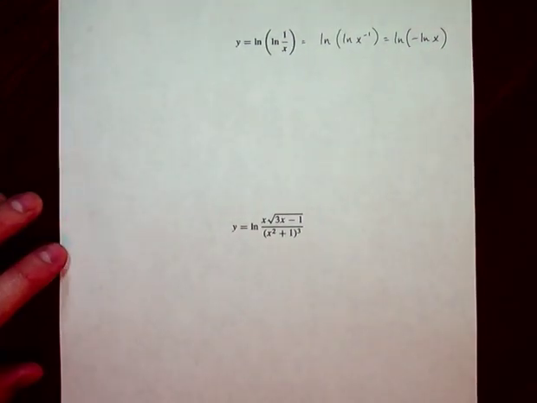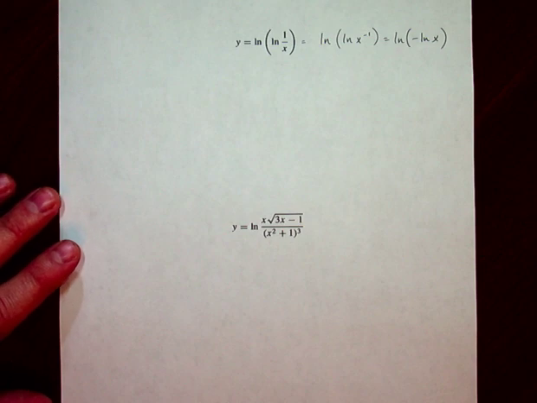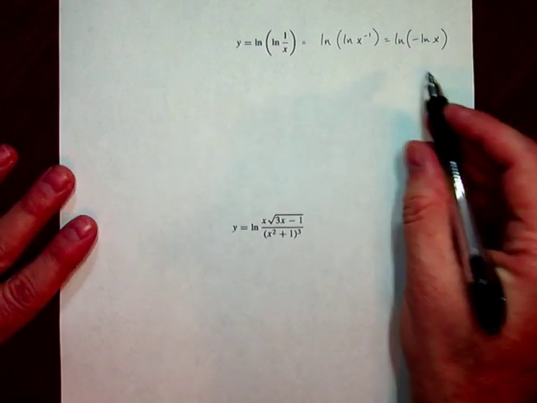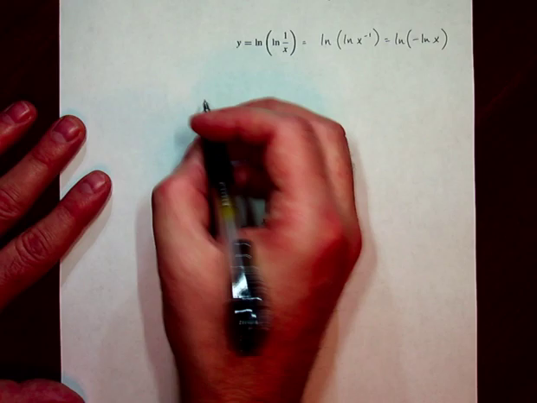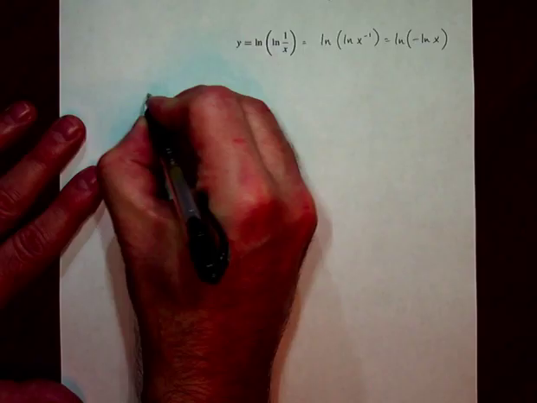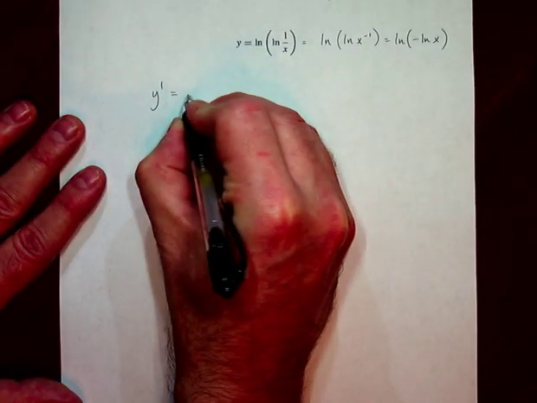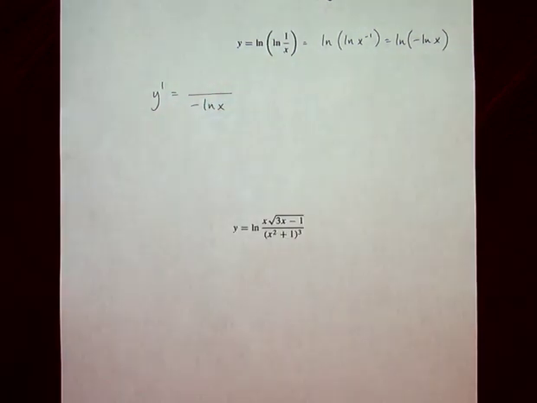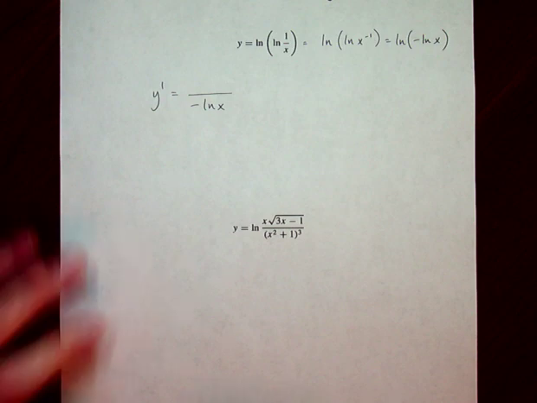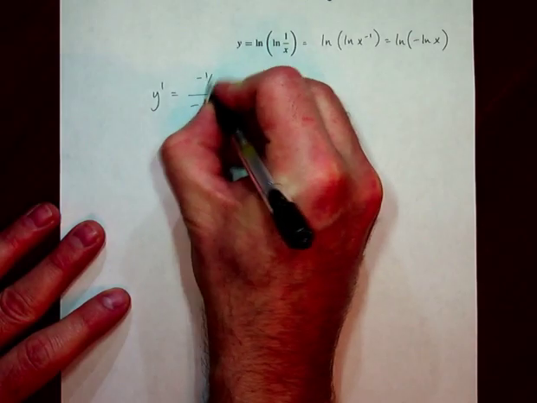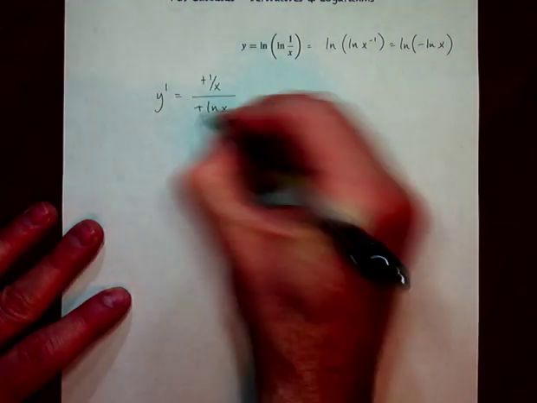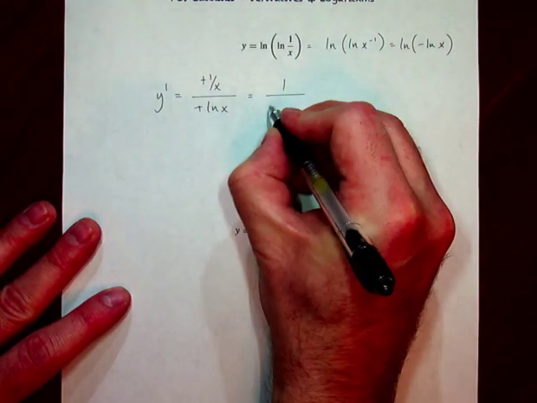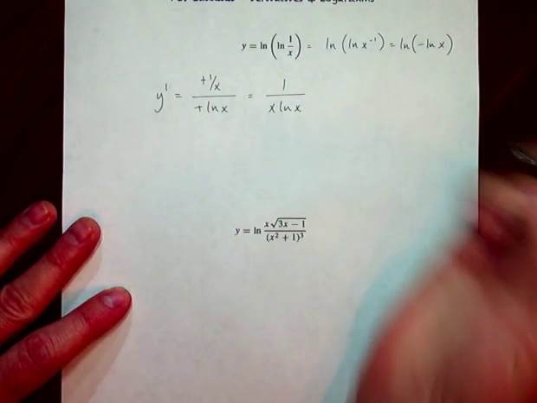What we need to do from here is we simply need to differentiate. So we're going to take y prime. We're going to go ahead and put negative natural log x down here because that is the argument. And then, of course, we need the derivative of that, which is -1/x. Those negatives cancel out. I'm left with 1/(x natural log x).